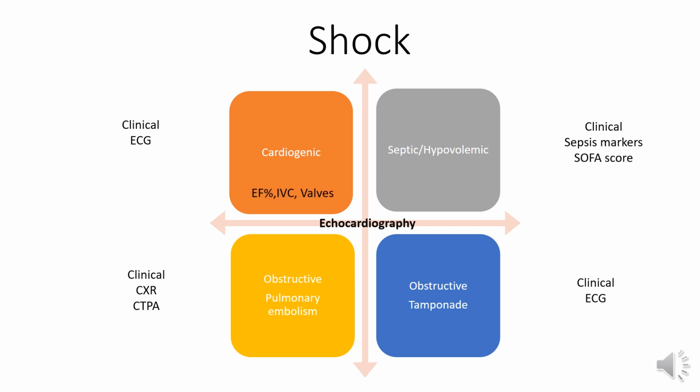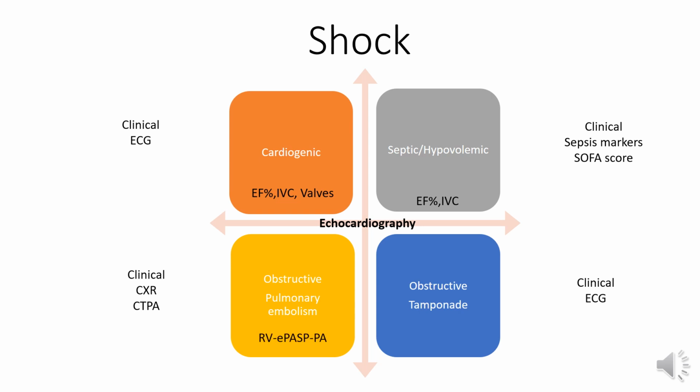In case of cardiogenic shock, if we find the patient with markedly declined systolic function, dilated inferior vena cava, which means volume overload, or significant lesion in one of the valves, we might go more with cardiogenic shock. If we find a normal left ventricle and the right ventricle with IVC almost collapsed, this goes with distributive shock like septic shock or hypovolemic shock.